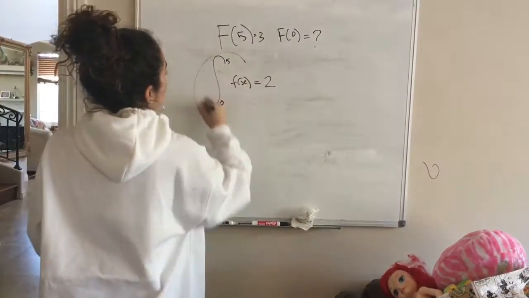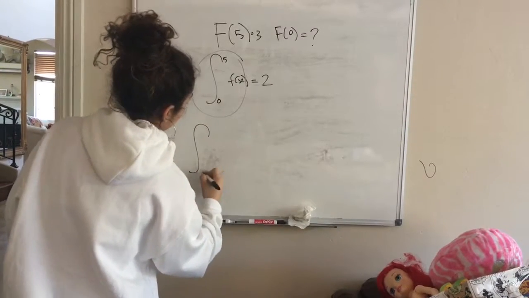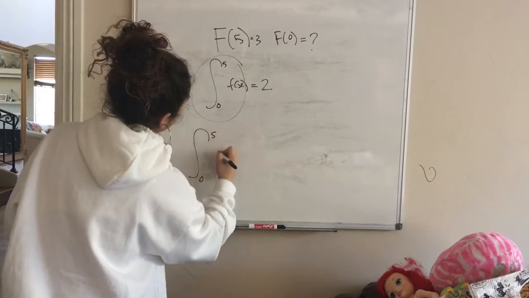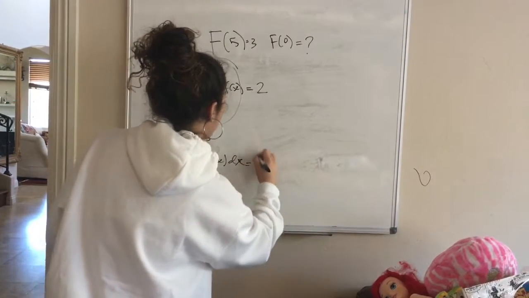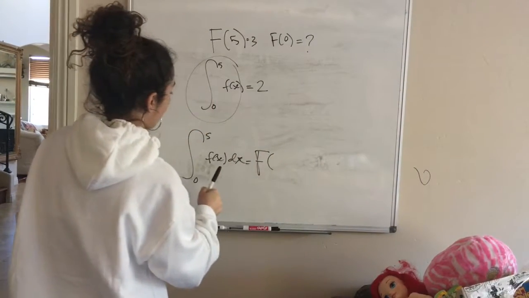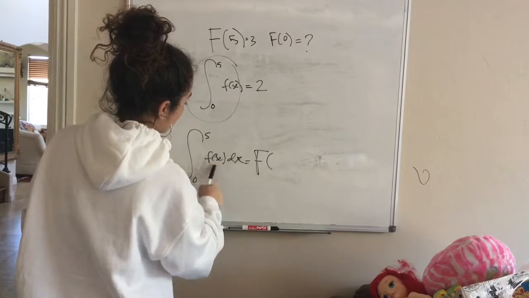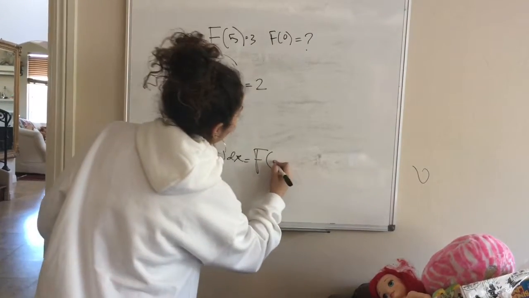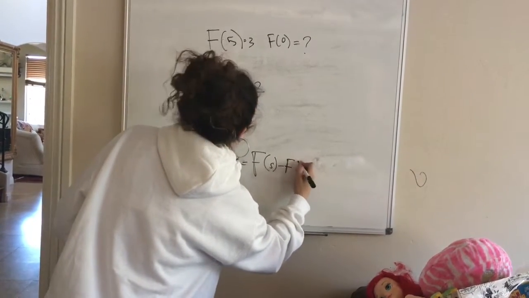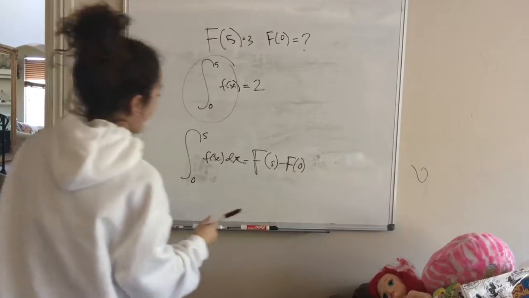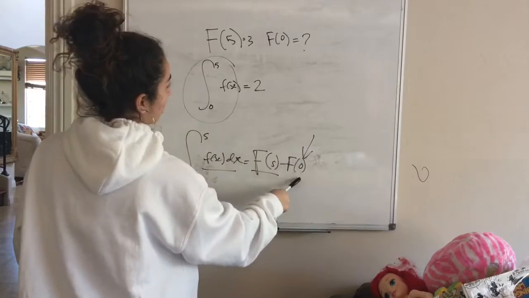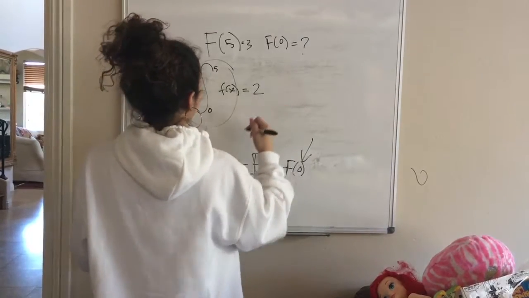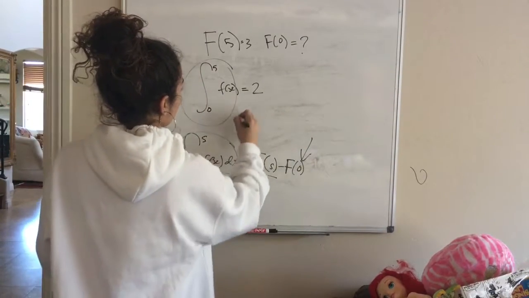So we know this integral means this. The integral from 0 to 5 of f of x dx equals big F, which is the integral of this, big F of 5 minus big F of 0. And we know this value and this value, so we can find big F of 0. So this whole integral equals 2.